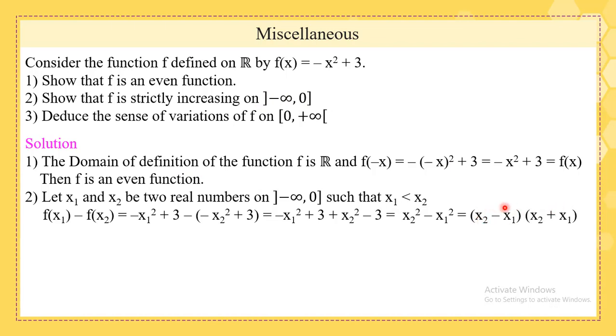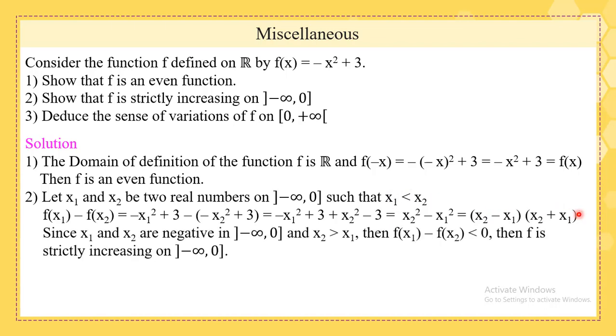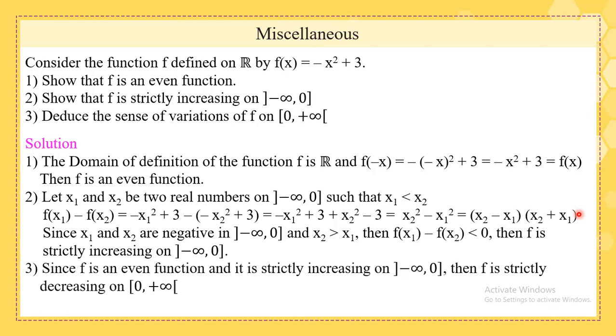And x2 minus x1 is positive. So the function is strictly increasing on minus infinity, 0. Now, since the function is even and it's strictly increasing on minus infinity, 0, then it's strictly decreasing on 0, plus infinity.